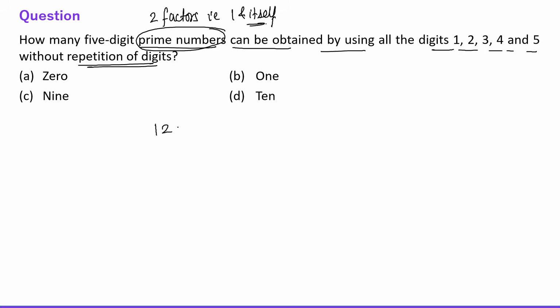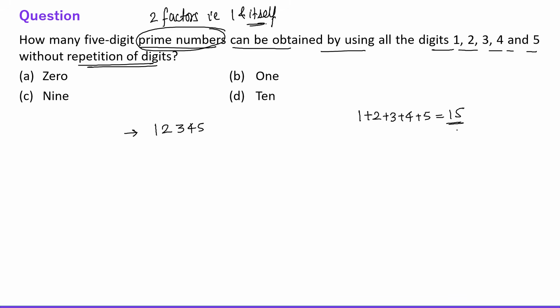Prime numbers are the numbers which are divisible by 1 and itself only. A prime number has only two factors, that is 1 and itself. If we are making a 5-digit number using these digits, when we add these digits 1 plus 2 plus 3 plus 4 plus 5, we are getting 15.